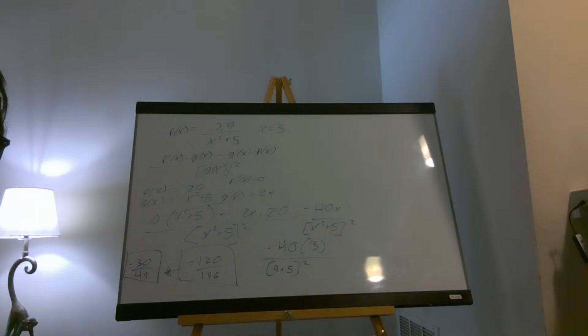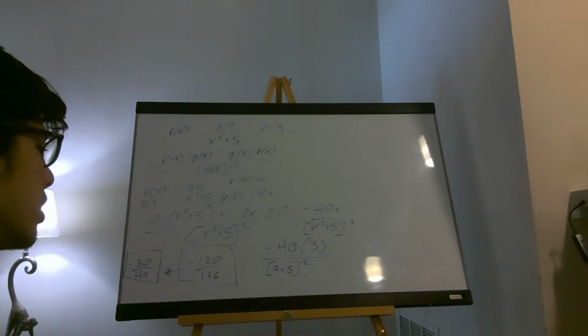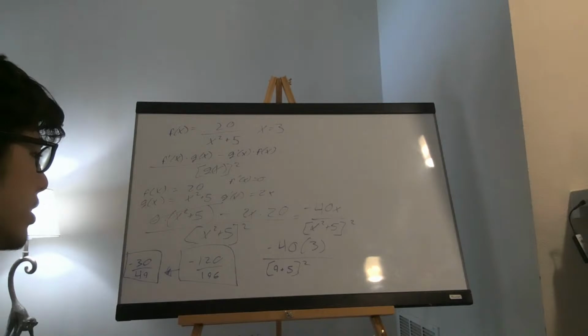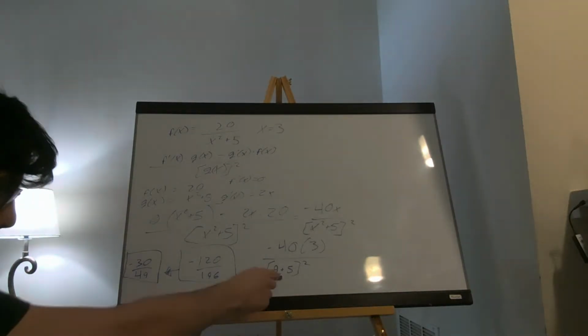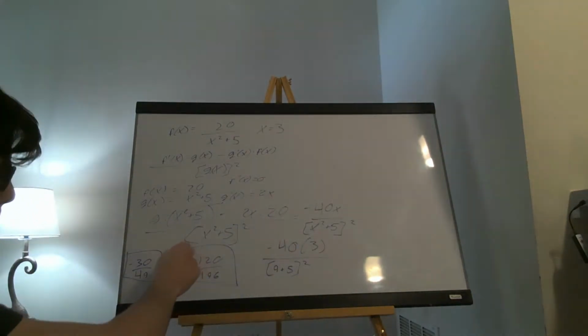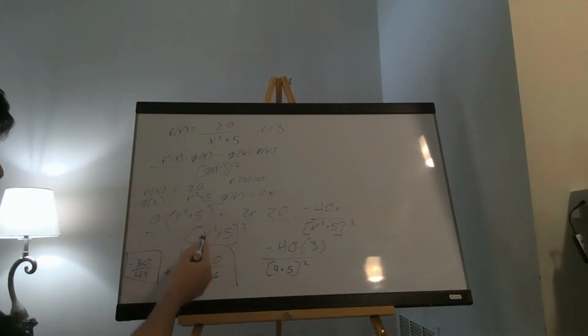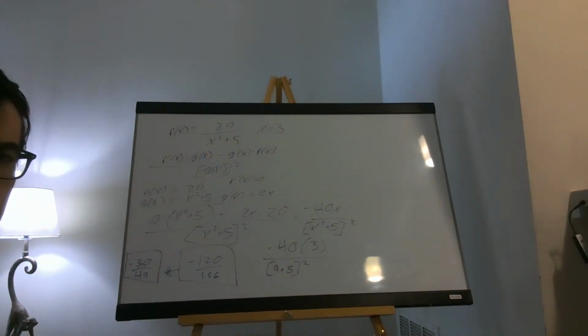16 squared then, right? Not sure I follow on that one. Are you talking about the bottom? Because we're doing it at x equals 3. So 3 squared is 9. 9 plus 5 is 14. 14 squared is 196.